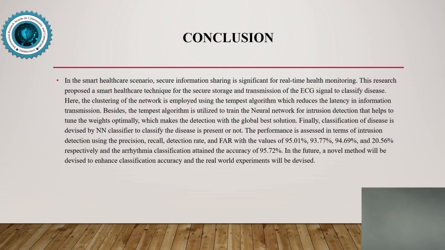Finally, classification of the disease is devised by the neural network classifier to classify whether the disease is present or not. The performance is assessed in terms of intrusion detection using precision, recall, detection rate, and FAR, with the values as we discussed earlier, 95.0%, respectively, and arrhythmia classification attained an accuracy of 95.72%.